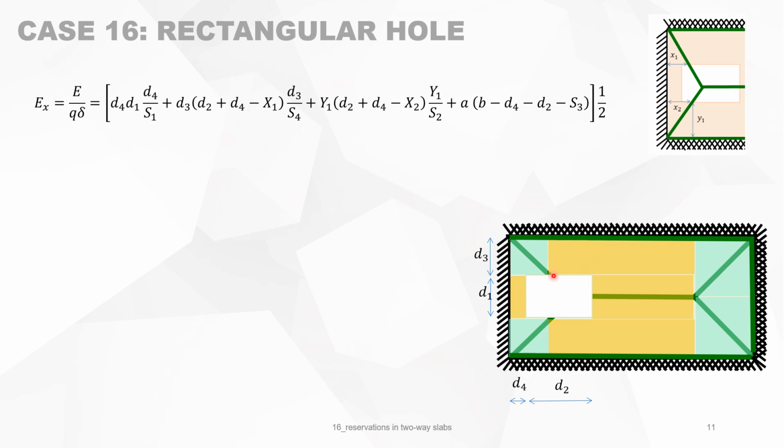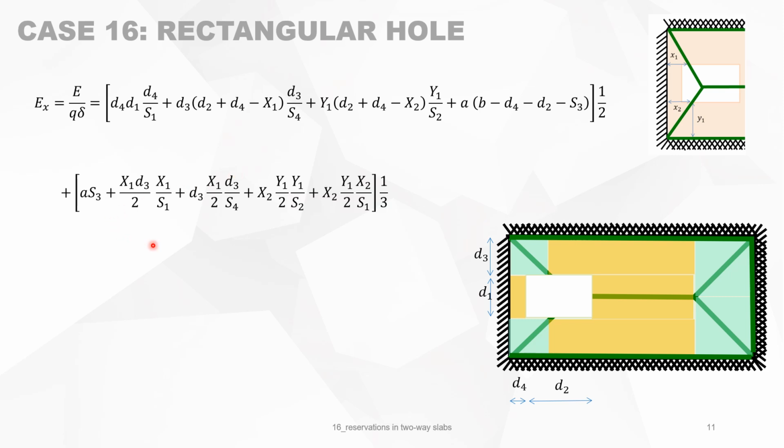Then we go to this rectangle, and we have this element. And so we go on until we have all the orange elements. And then we add up the green parts, which is on this side a times 3 divided by delta over 3, which is the mean deflection.